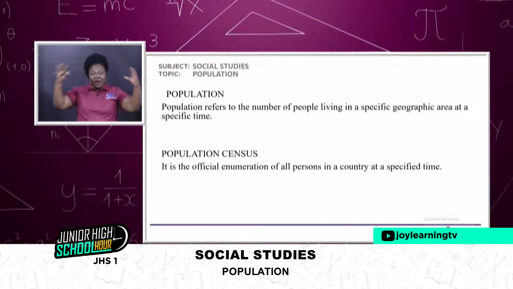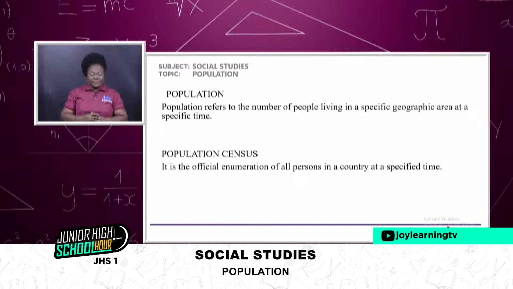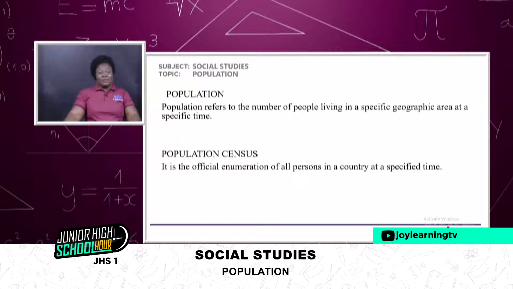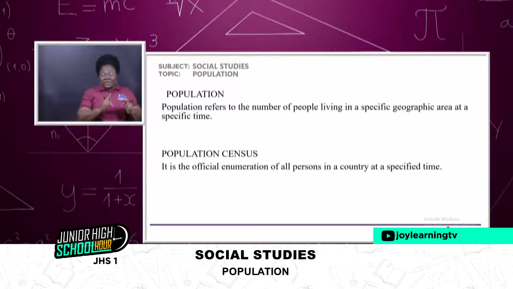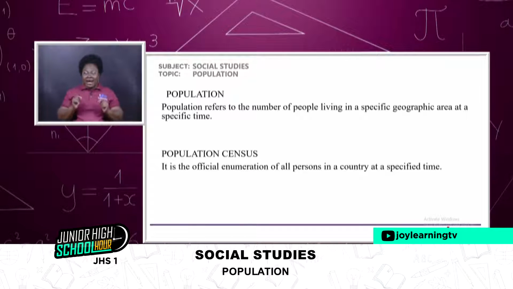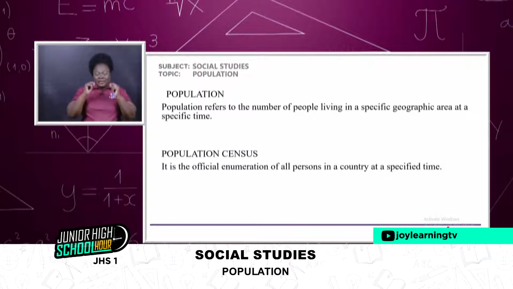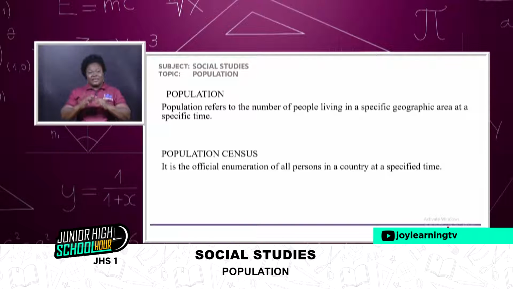in that geographical area. Now let's look at the meaning of the concept population census. It is an official enumeration of all persons in a country at a specified time. So the other one is specific geographic area, and this one is specified time.